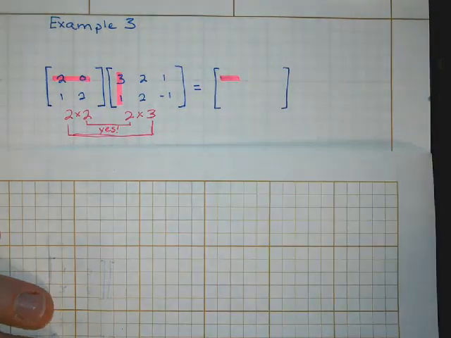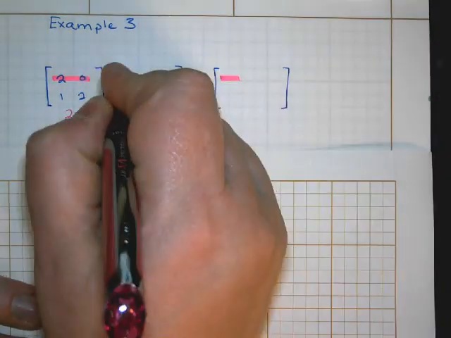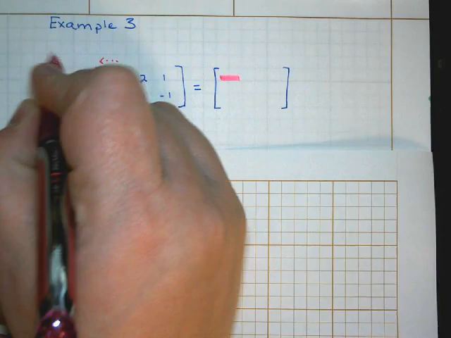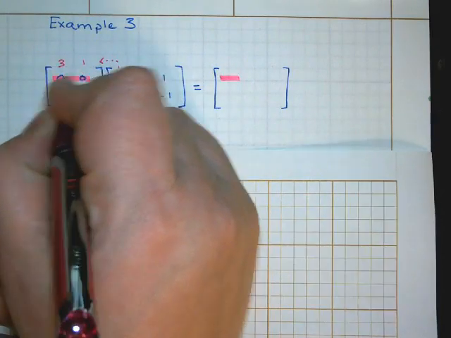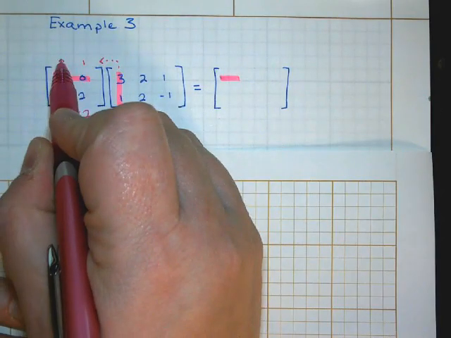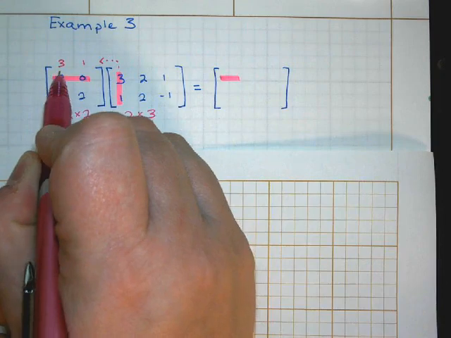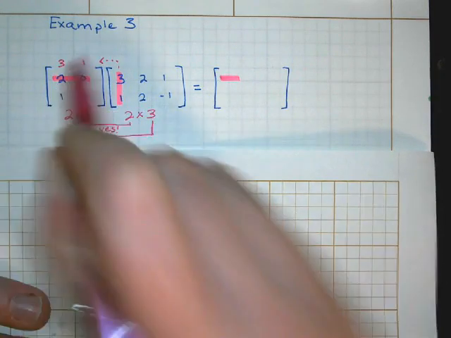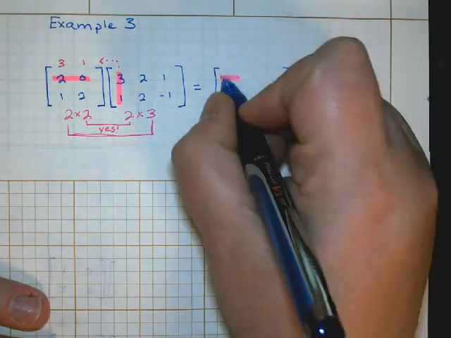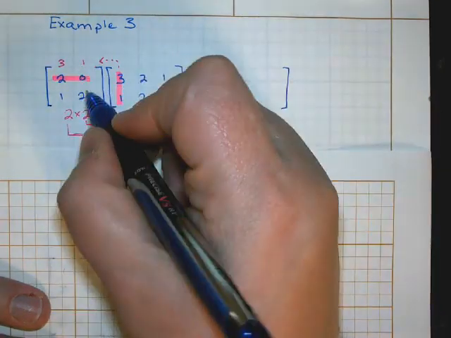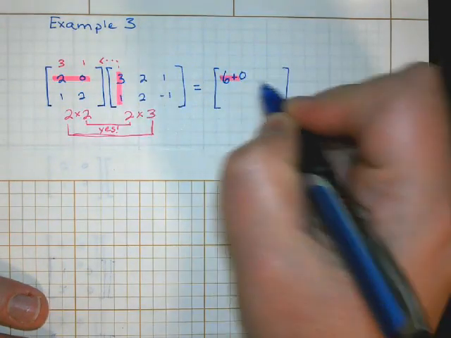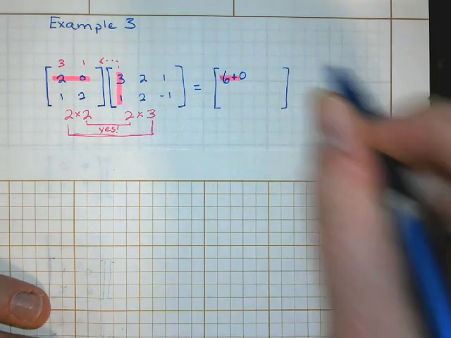I'm going to drive this out and write it on top, 3 and 1. So remember, I'm multiplying down and then adding together. So 3 times 2 is 6. 1 times 0 is 0. So my top left value is going to be 6 plus 0.